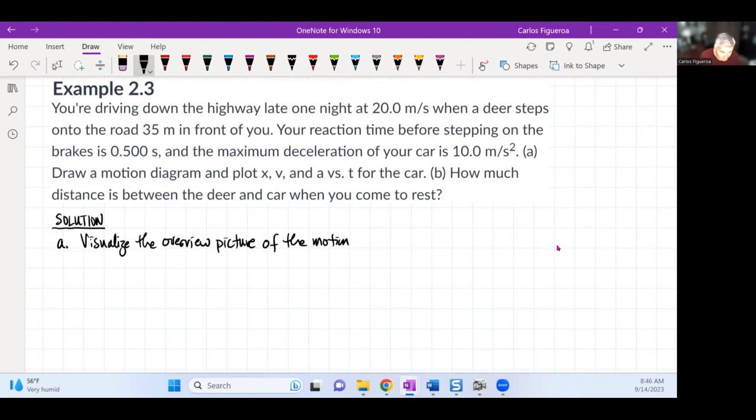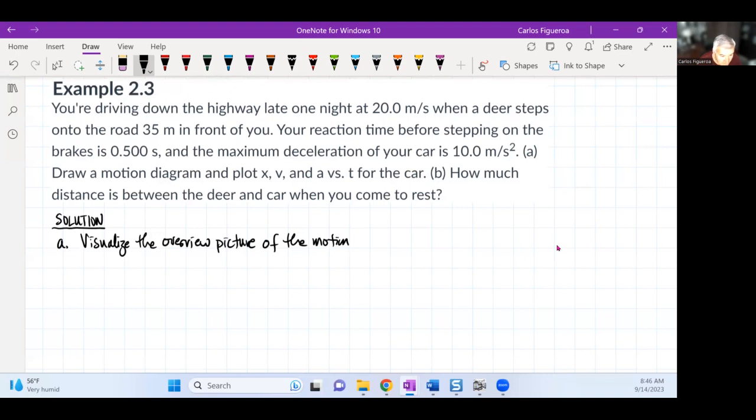Let's do that now. The first thing we're seeing is you're driving down the highway at 20 meters a second. Note that there's no speeding up or slowing down. You're moving at constant velocity.